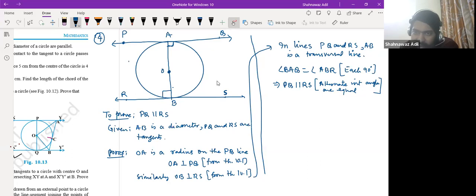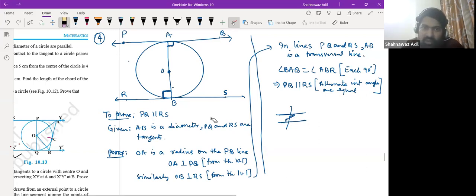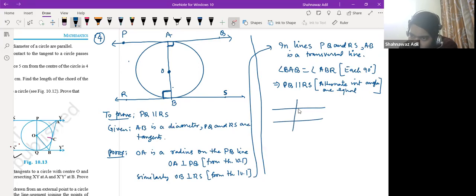Is it clear? Because these two angles are alternate interior angles, right? And these are equal, and that happens only for parallel lines. Is it clear to you, Rifa? How is PQ parallel to RS by alternate interior? Whenever you have alternate interior angles equal, for what kind of lines are they equal? Parallel lines.